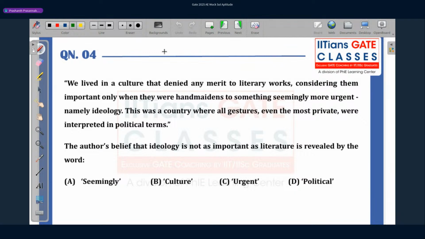So the author has written this paragraph, and this author's belief that ideology is not as important as literature is revealed by the word. Which one? The focus is supposed to be on this thing, the author's belief.